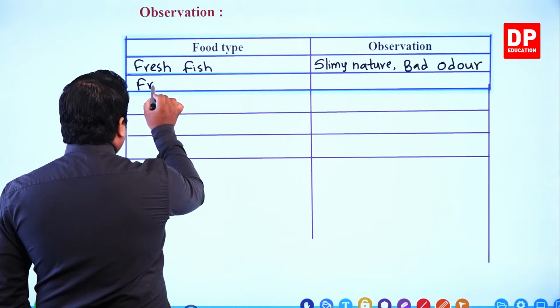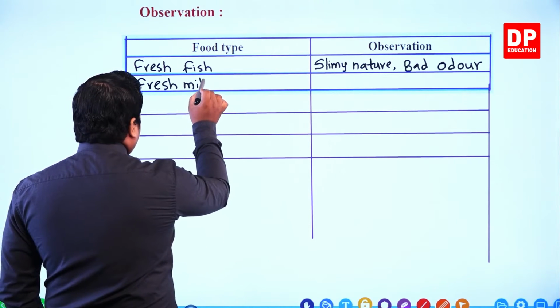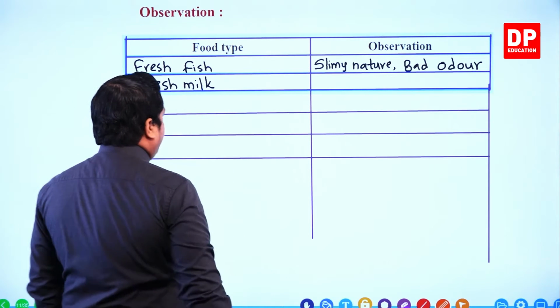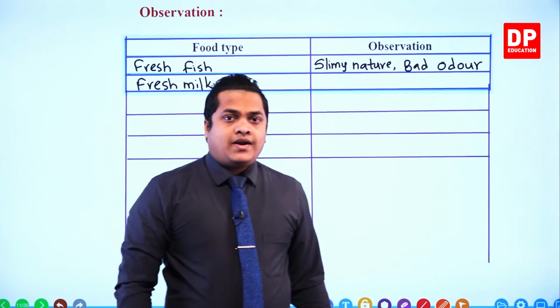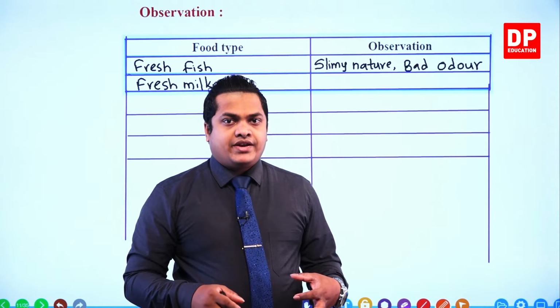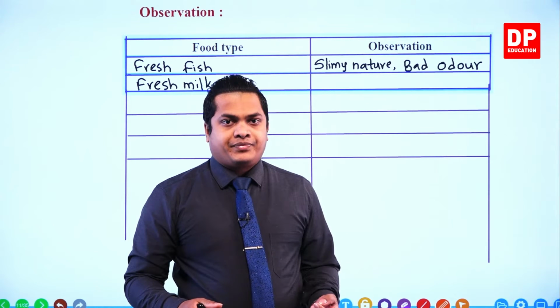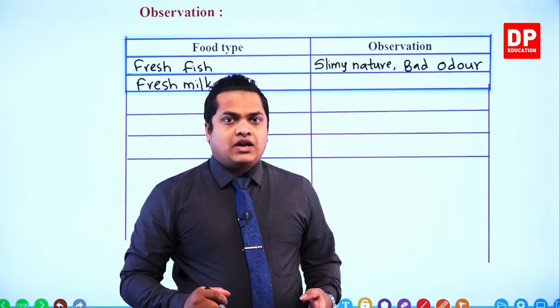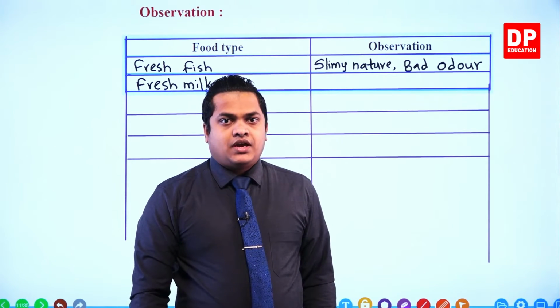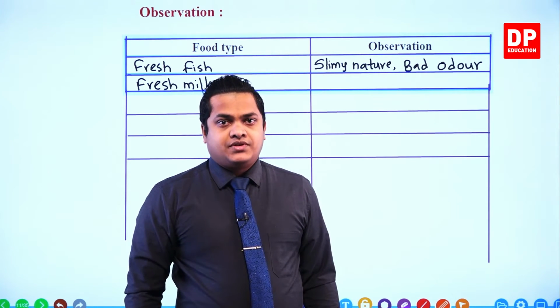Fresh milk. What has happened to the fresh milk? Fresh milk, my dear children, will turn into a pale yellow color. So pale yellow color can be observed. And coagulation can also be observed.